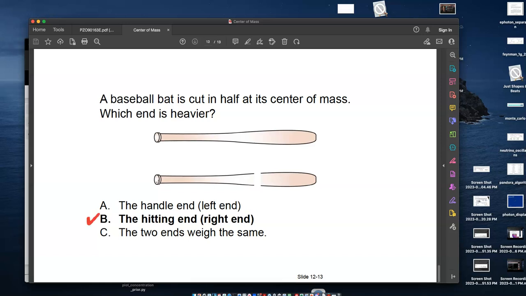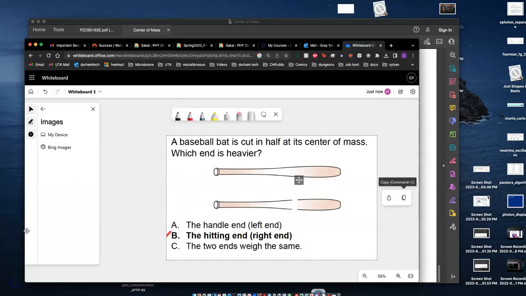So we cut it in half. Then the hitting end is going to be heavier, basically because it's shorter. So basically the mass is more densely packed over here. I've just put the image somewhere where I can actually draw on it. It'll be more intuitive if we set the origin as the center of mass.